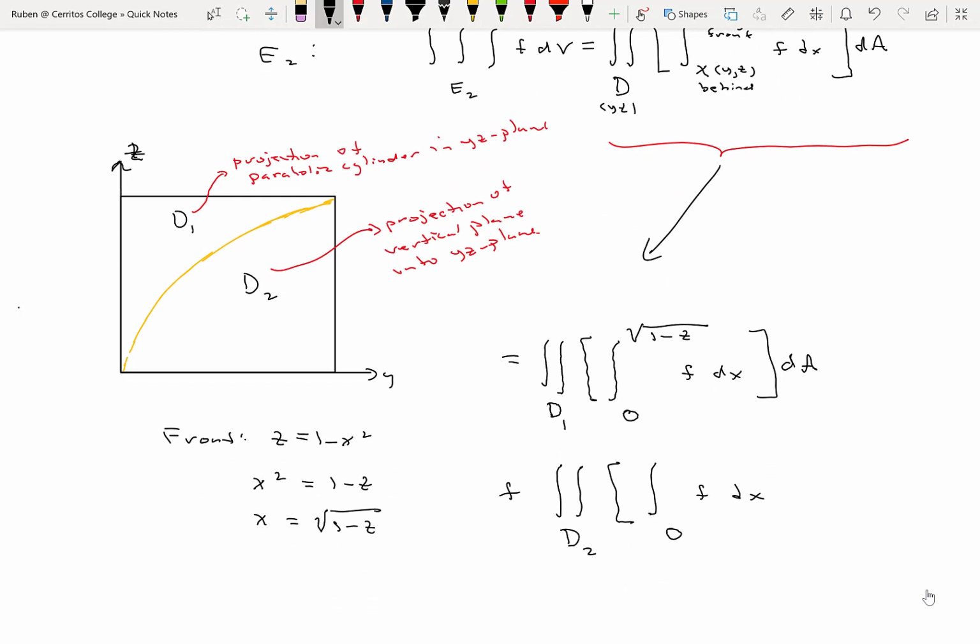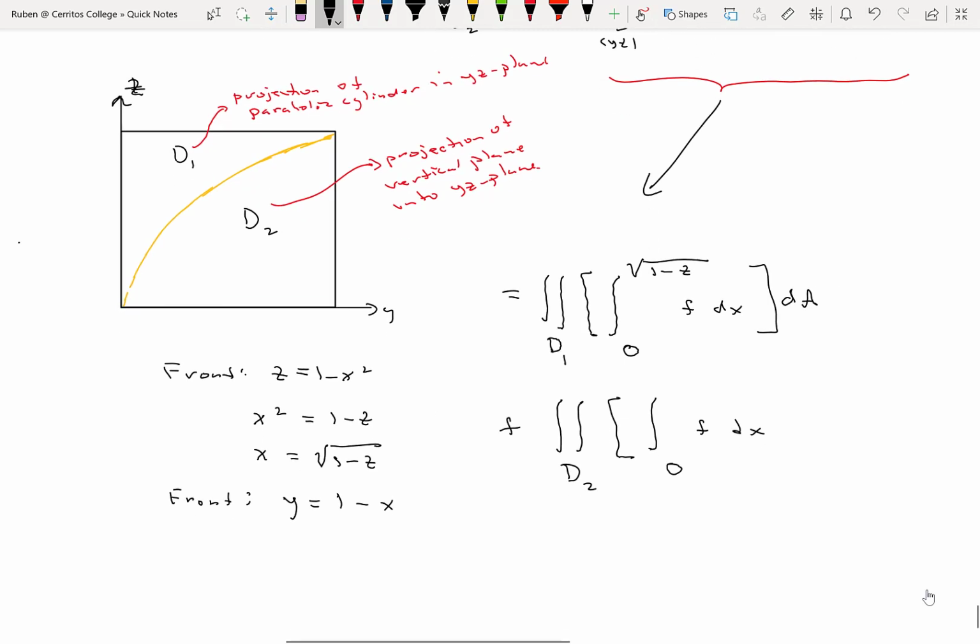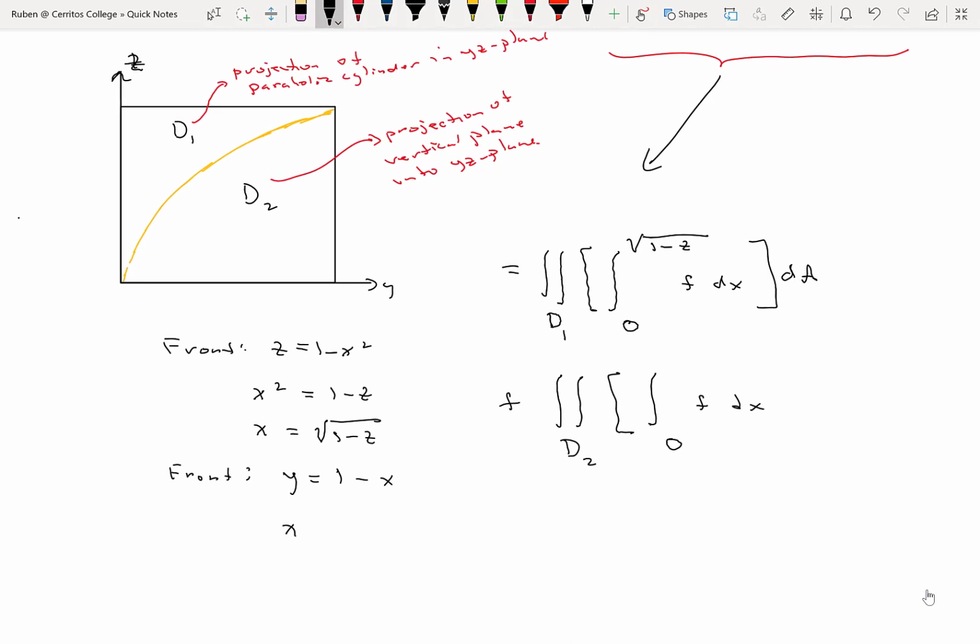So the surface in front now is the surface y equals 1 minus x. But I'm integrating as x varies from surface behind to surface in front, so I need to solve this for x. So x equals 1 minus y. Then I integrate that with respect to A over the projection D2 in the YZ plane.